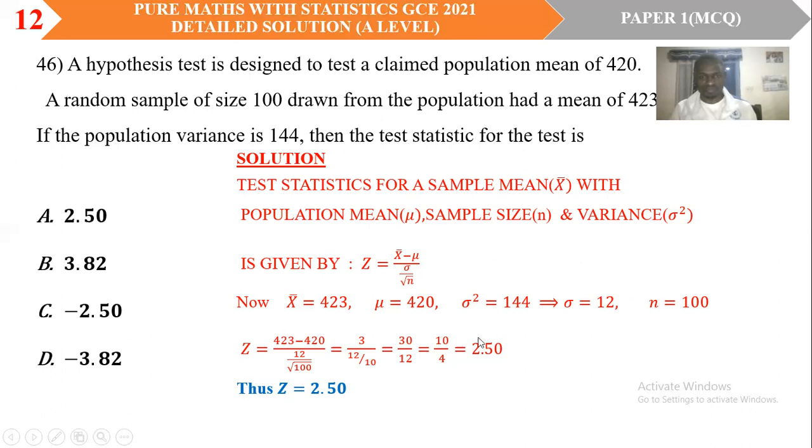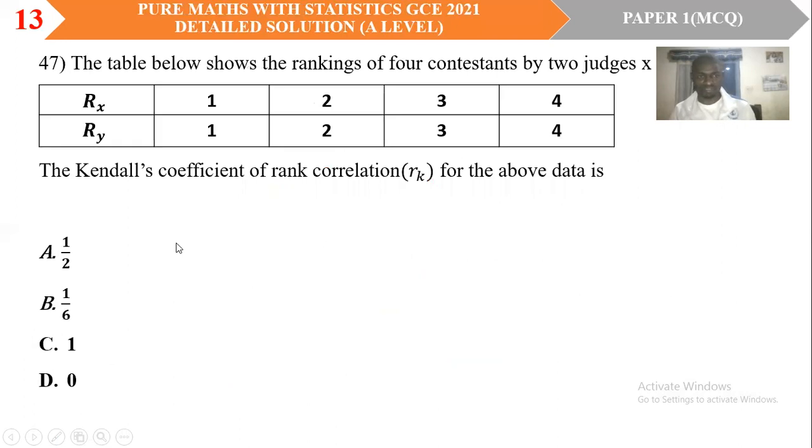Thus, substituting all these values, z will be equal to 423 minus 420 over 12 over root 100, which is 3 over 12 over 10, which is 30 over 12, which simplifies to 2.50. Thus, z is equal to 2.50.